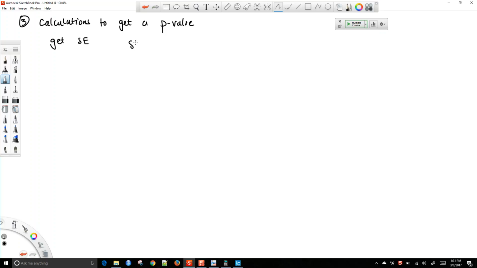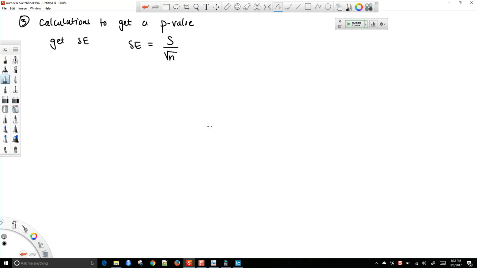The standard error is s divided by the square root of n. Okay, if you have the formula sheet, you'll see hypothesis tests means one sample. It'll tell you right there. The standard error is s over the square root of n.